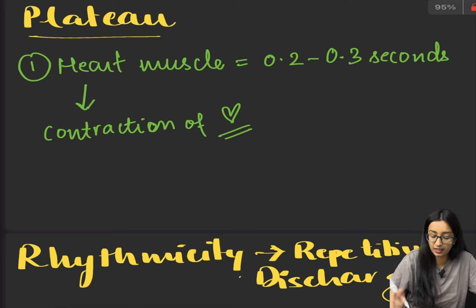And how does it happen? There are two channels present, that is the fast sodium channels, which cause the first spike. And there are L-type calcium channels, which are slower than the sodium channels. So now there will be a delay, as the calcium is also coming in, hence there is a delay from depolarization to the repolarization.